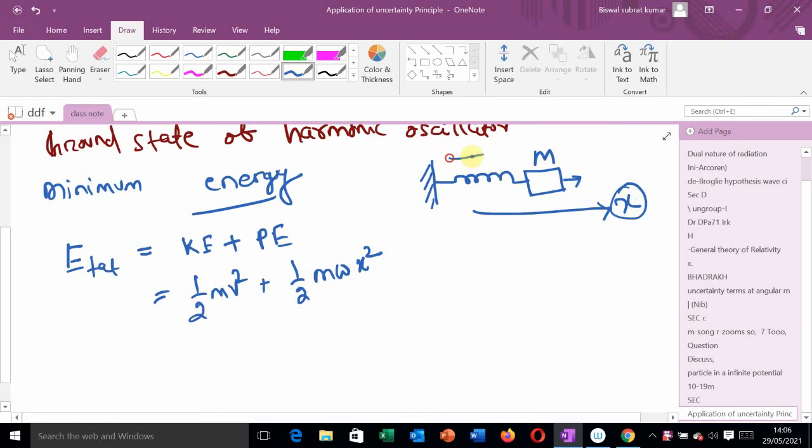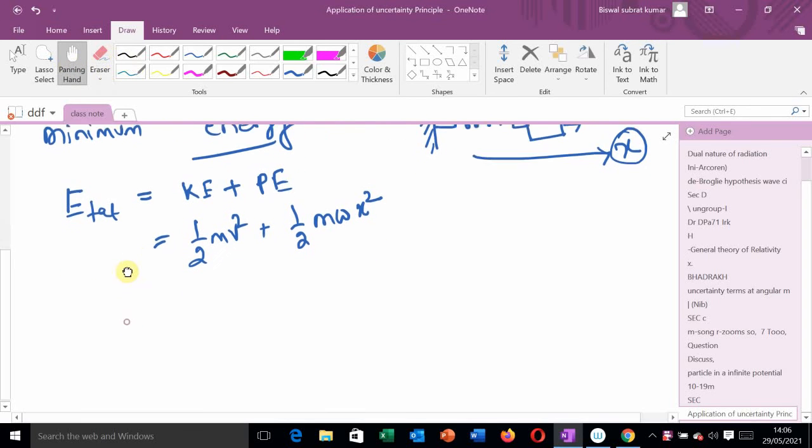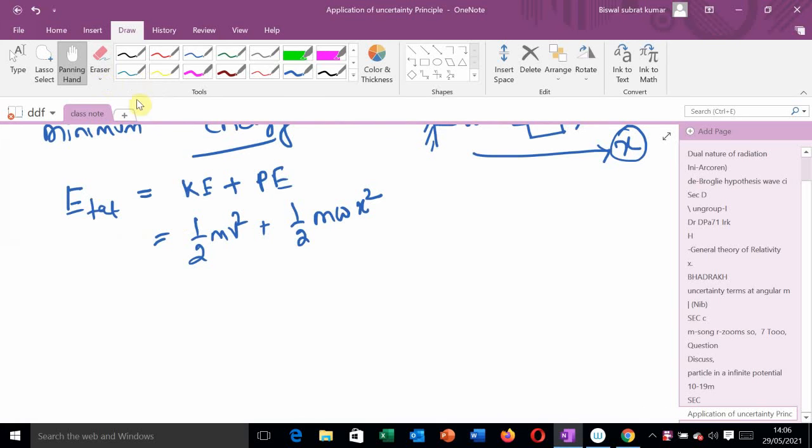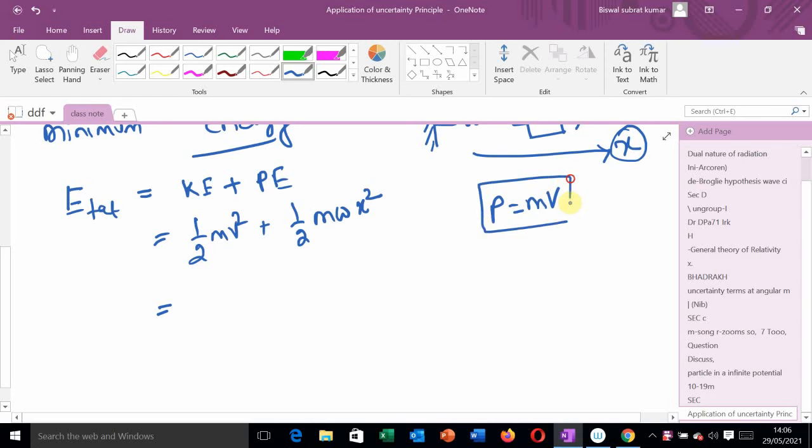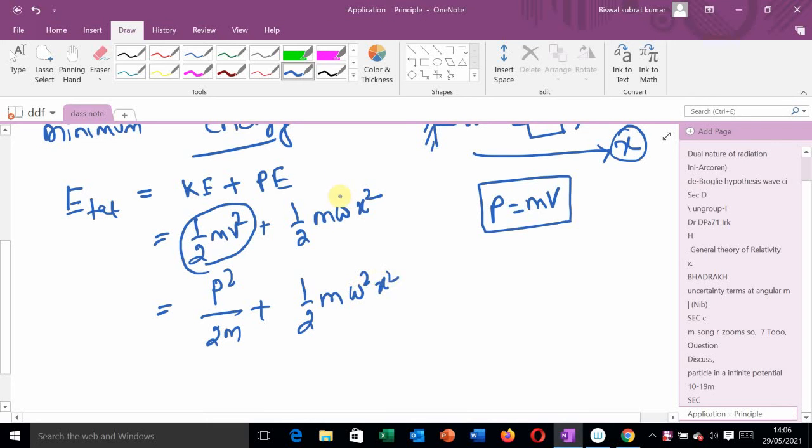We can write this expression in a different form. p is the linear momentum, mass times velocity, so we can write the total energy as p square by 2m plus half m omega square x square. This is the total energy of a simple harmonic oscillator.